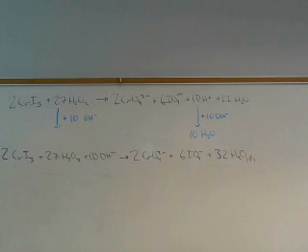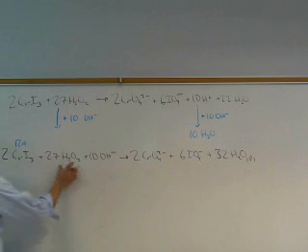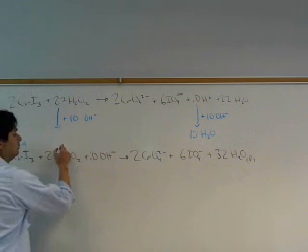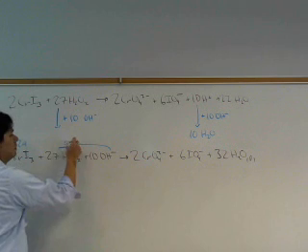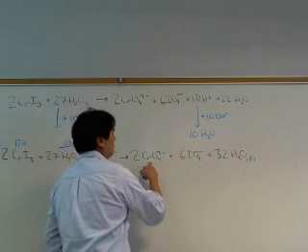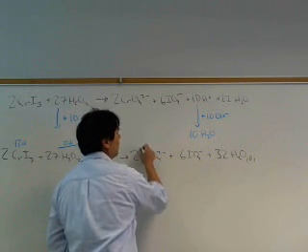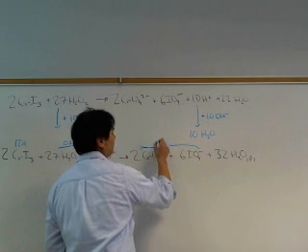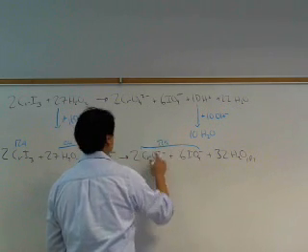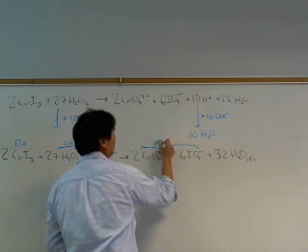All right, now what we need to do is do this. CrI3 was what? RA. Hydrogen peroxide was our OA. Chromate and periodate, RA.